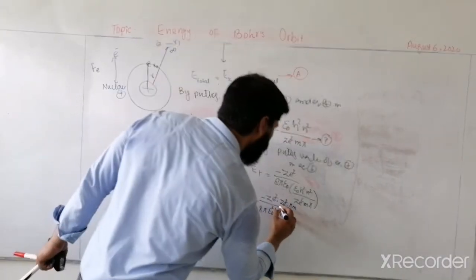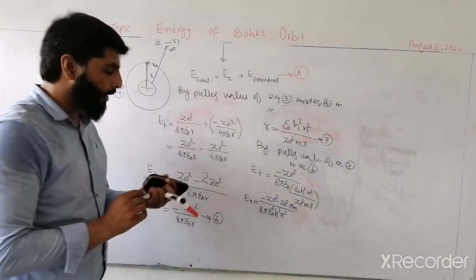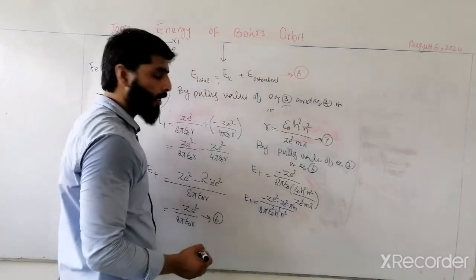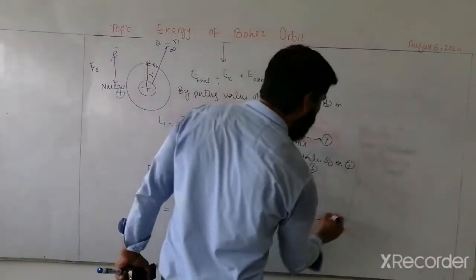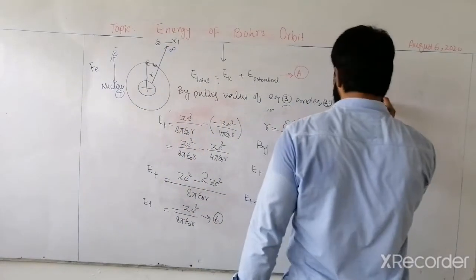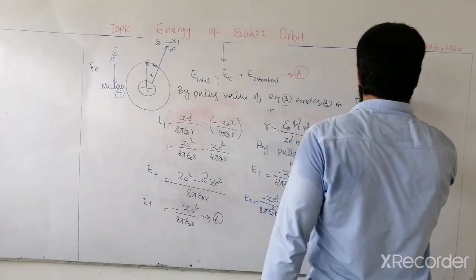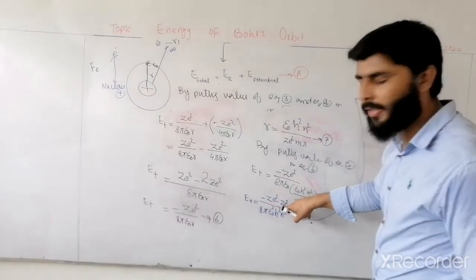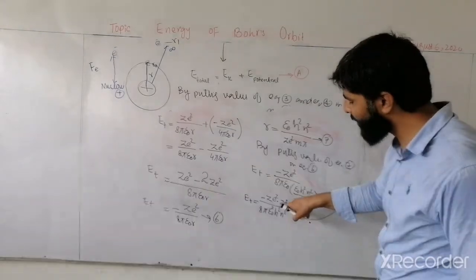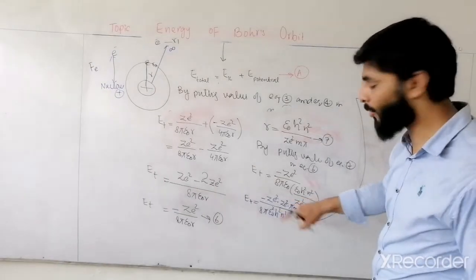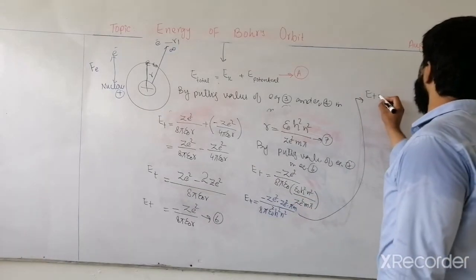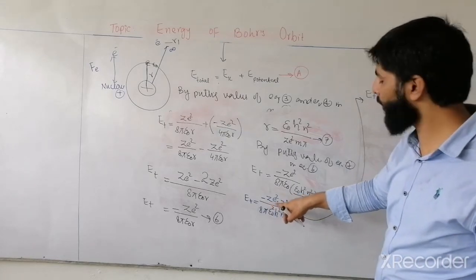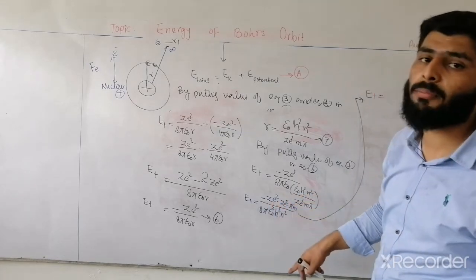On further simplification, this pi will be cancelled out with this pi, and we will get the final value as ET equal to Z into Z, Z square, and E square into E square, E power 4.